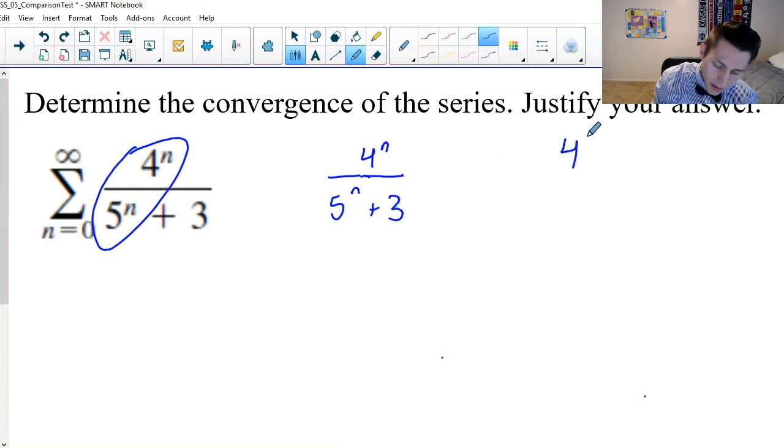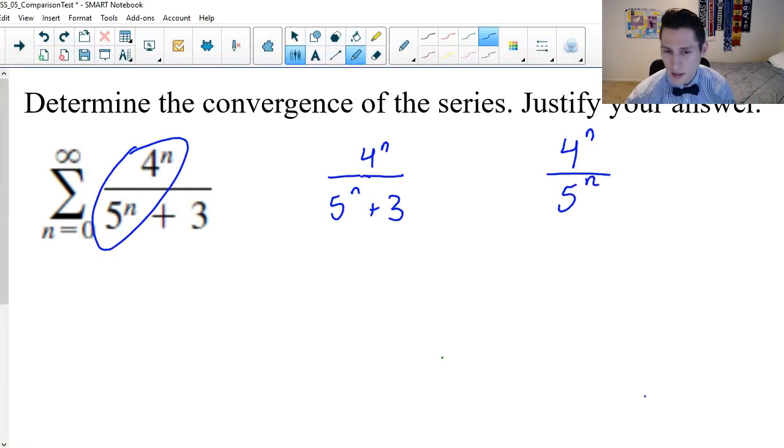If I compare that to just 4 to the n over 5 to the n, the left side will have a larger denominator because it's plus 3. A larger denominator means a smaller number.